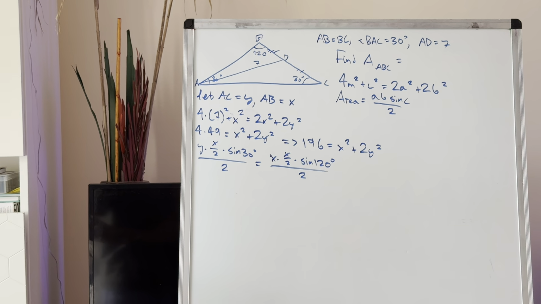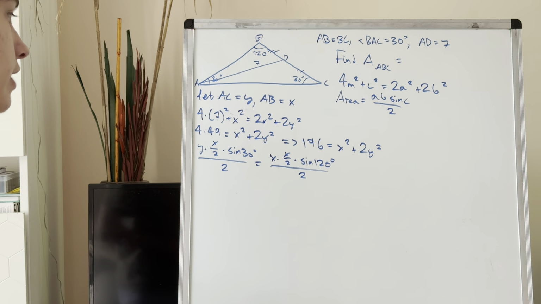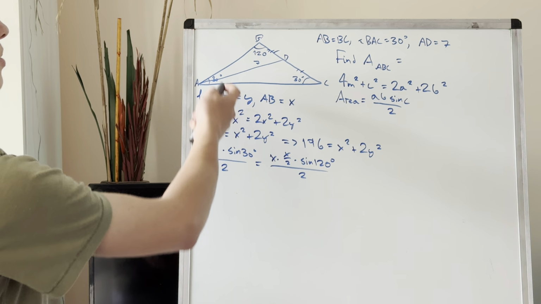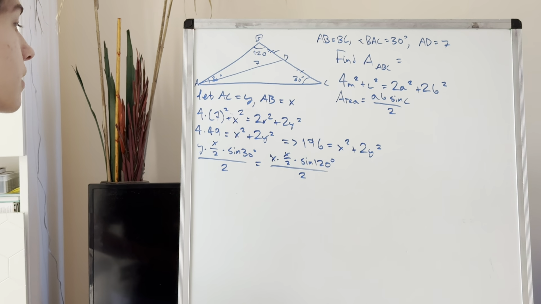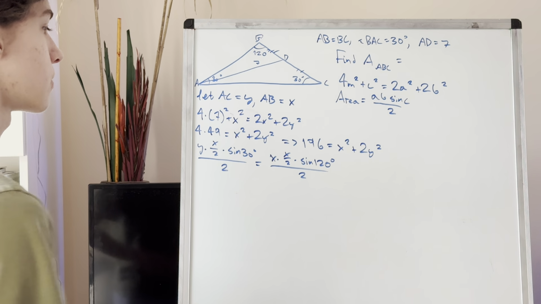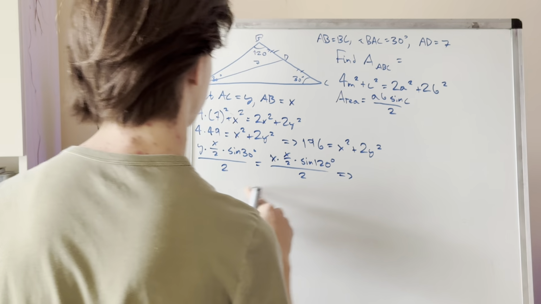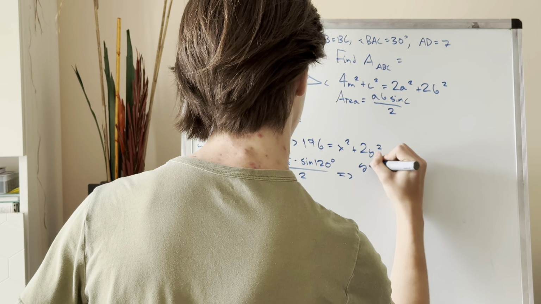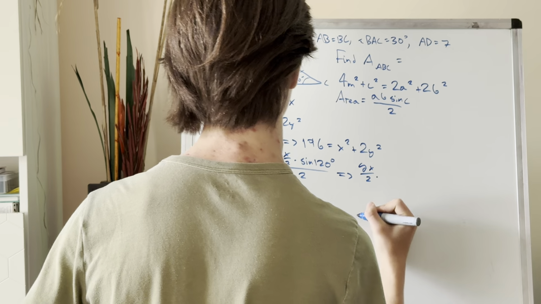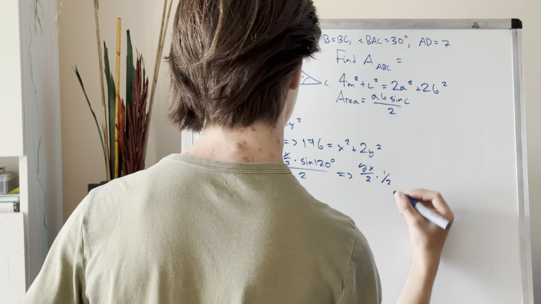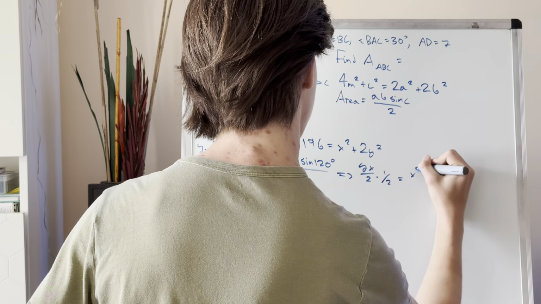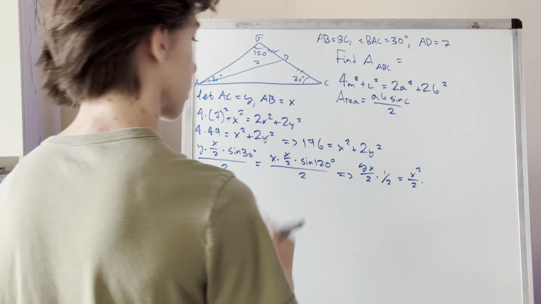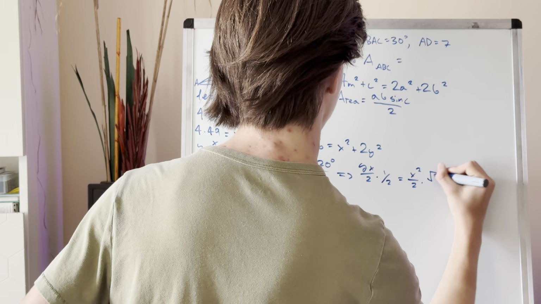Very nice. So we now have our two equations that we can use, and we can find our unknown x, and then we can plug it in to find the final area. So let's quickly solve these equations. First, we can completely get rid of this 2, so we can say that yx over 2 times sine of 30 degrees, which is 1/2, equals x squared over 2 times sine of 120 degrees, which is √3 over 2.